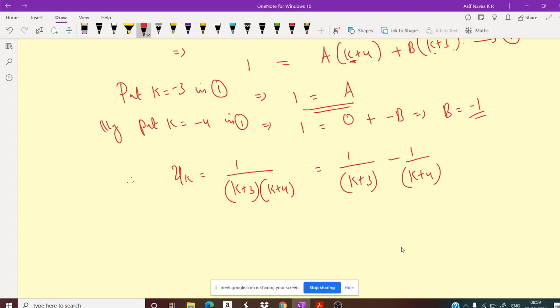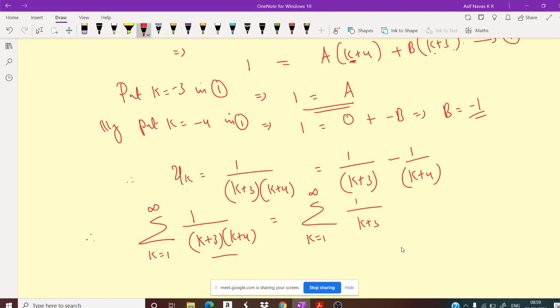Okay. So therefore our series sigma k equal to 1 to infinity 1 by k plus 3 into k plus 4 can be written as sigma k equal to 1 to infinity of 1 by k plus 3 minus 1 by k plus 4.